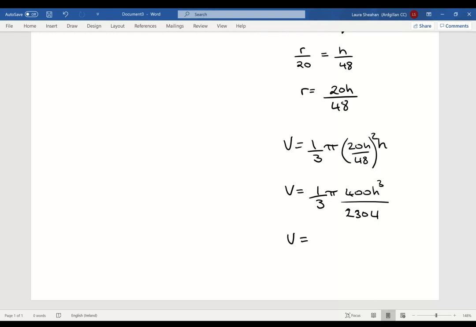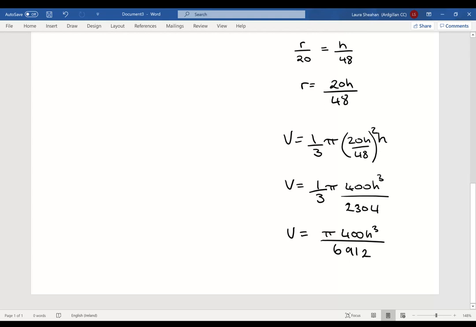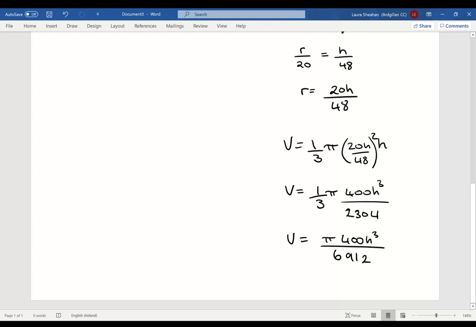Then I'm going to multiply the bottom line, 3 by 2304, to get a common denominator. That leaves me with pi times 400 h cubed over 6912. You can simplify that if you want, 400 divided by 6912, but there's no massive need to. Then I've got to differentiate.